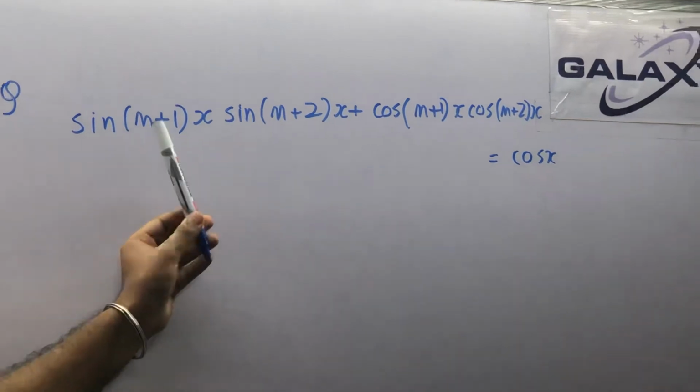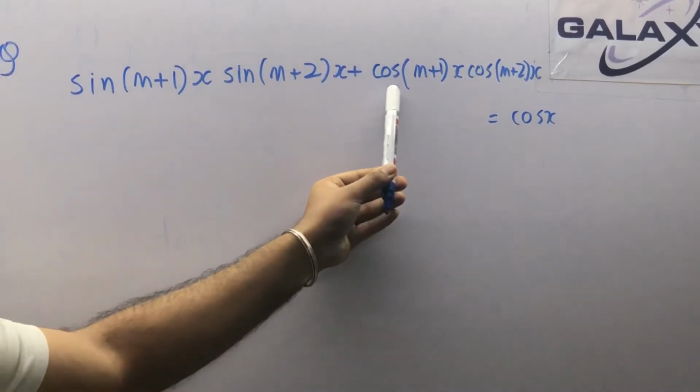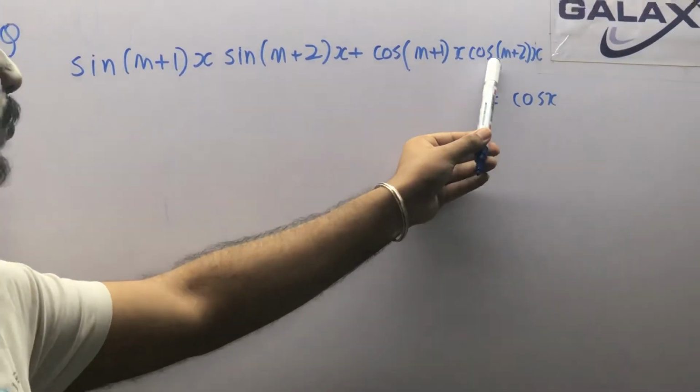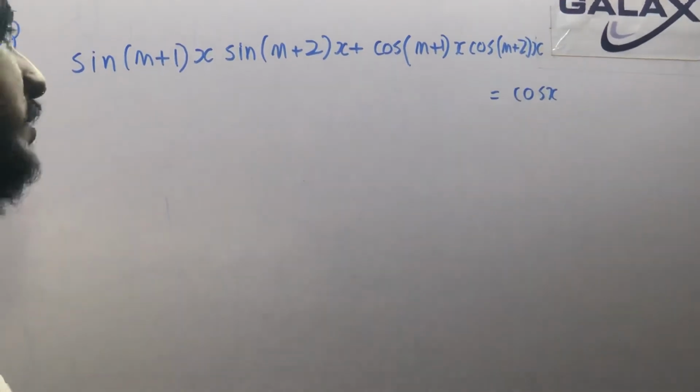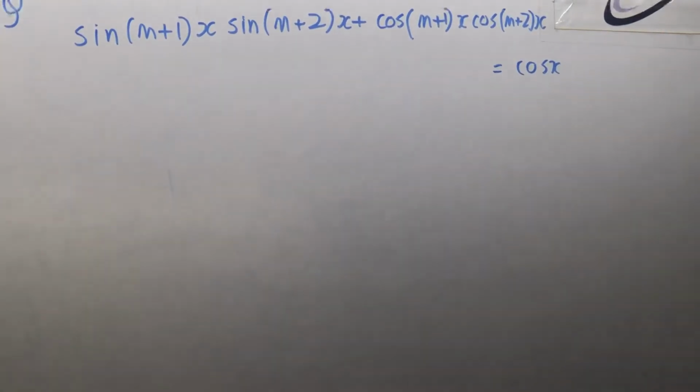Cos(n plus 1)x cos(n plus 2)x plus sin(n plus 1)x sin(n plus 2)x is equal to cos x. You have to prove this question.